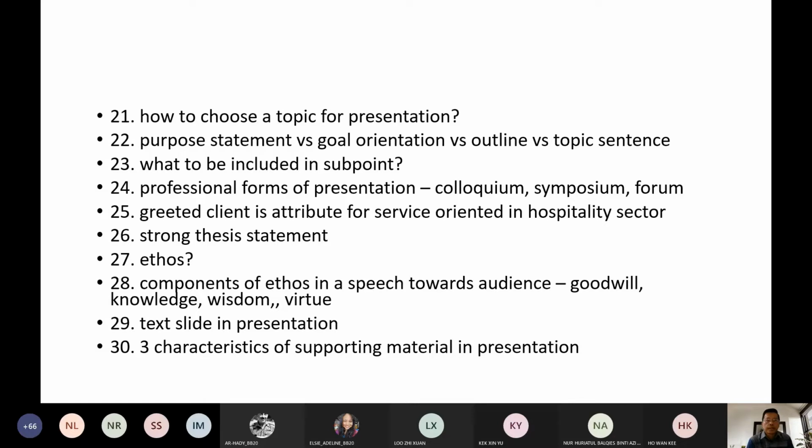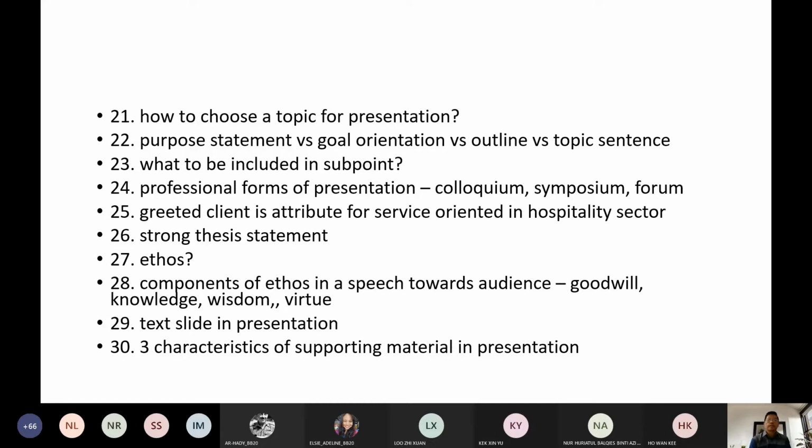Greeting clients is an attribute of service orientation in the hospitality sector. Maybe for this note, I might ask you: why is greeting important in the hospitality sector or in the hotel? Why is the aspect of greeting clients important?